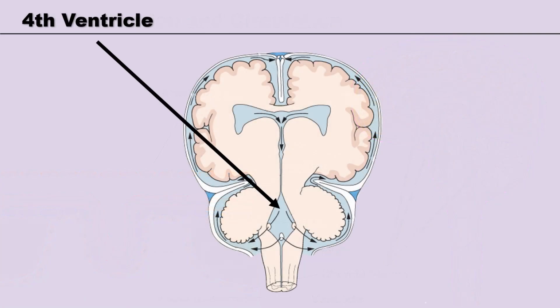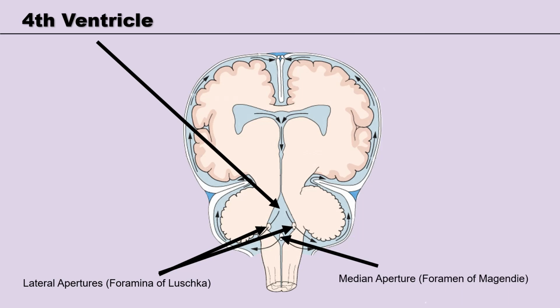Once created, the CSF moves through the ventricular system until it reaches the fourth ventricle and passes into the subarachnoid space surrounding the CNS. It does this by passing out into the lateral apertures, or the median aperture. As the CSF moves around the subarachnoid space, it eventually meets the arachnoid granulations, the majority of which are located up by the sagittal sinus.